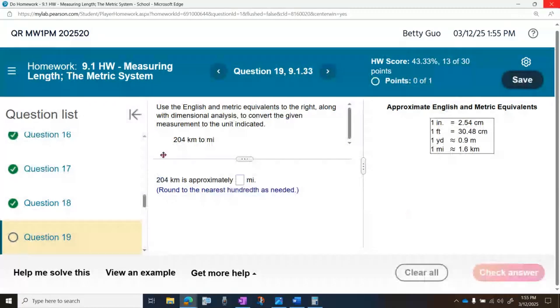And this one is kilometers and miles. This also is very important. Oh, I also remember this: 1 mile is approximately equal to 1.6 kilometers. In my country, we use kilometers.